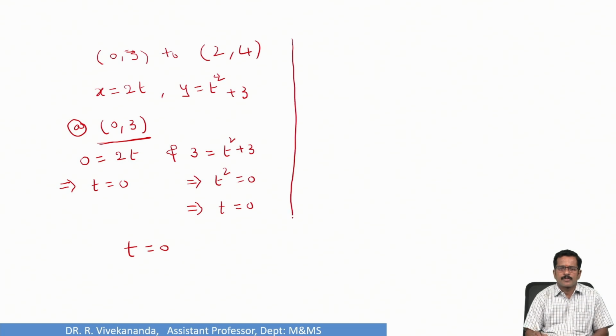Similarly, at the point 2, 4, what happens to the t value? Let us see. When x is 2, which is equal to 2t, t equals 1.